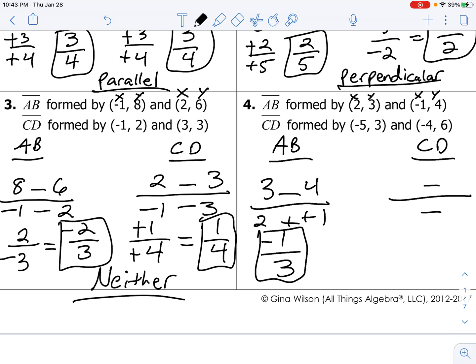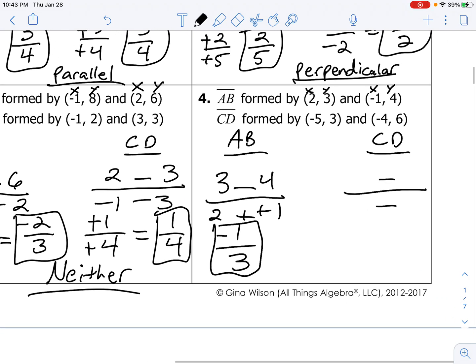All right. Now we're going to do the other one. Drop the y's down on top, 3 and 6. Drop the x's down on bottom, -5 and -4. That turns into a positive.